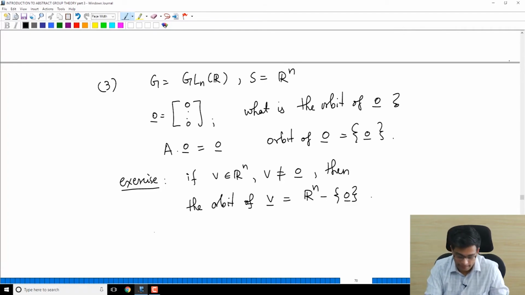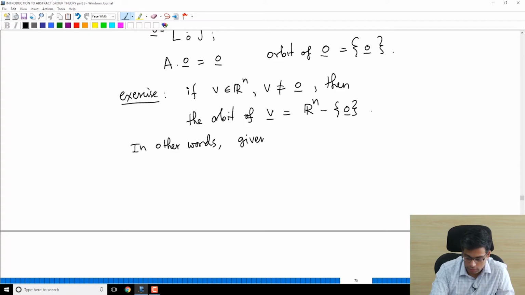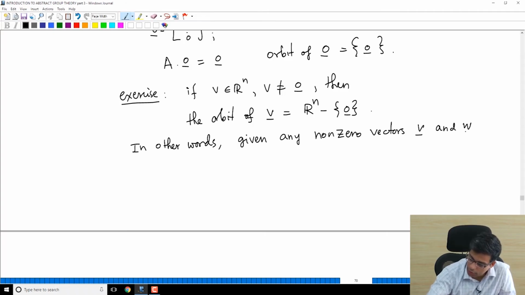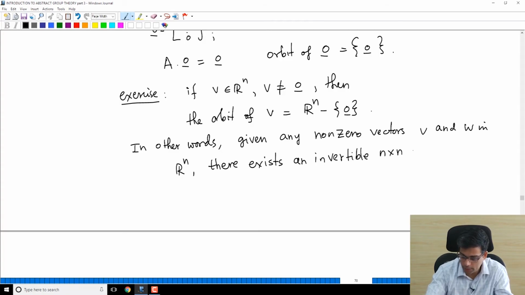So this is to say, in other words, given any non-zero vectors v and w in R^n, there exists an invertible n by n matrix A such that A dot v is w.